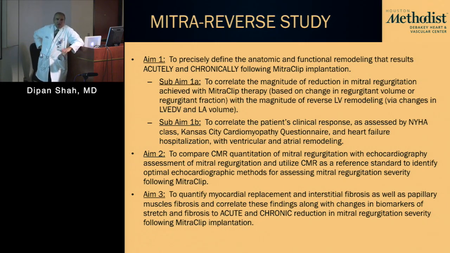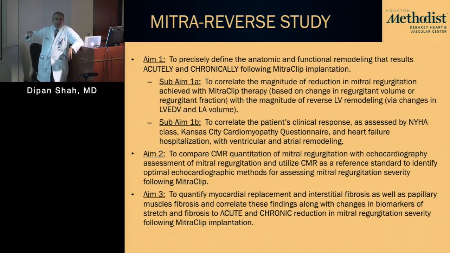With CMR, you actually have the ability to image directly or indirectly the expansion of the extracellular space. One of the things that we have been looking at, one of our postdocs has been working on, is looking at our diabetic cohort of patients to say, okay, amongst these diabetic patients, those who have expansion of the extracellular volume, are those patients at a higher risk of adverse events? And interestingly, what we're finding is, in fact, that there is a link, in the diabetic group, between increased extracellular volume fraction and a higher likelihood of adverse events.